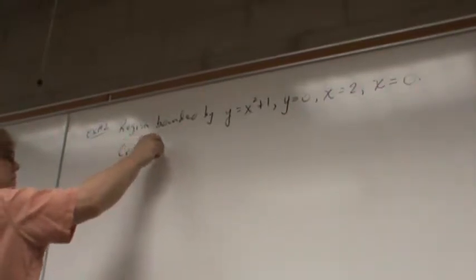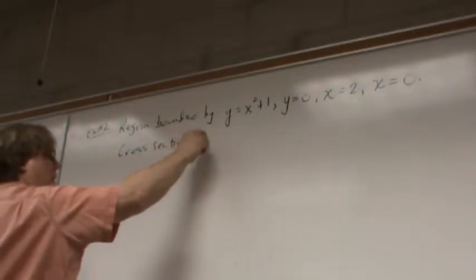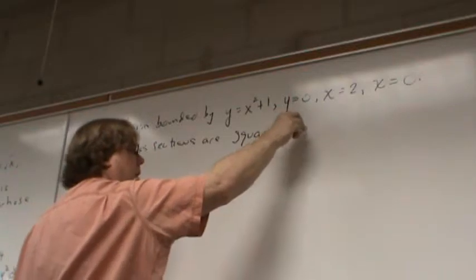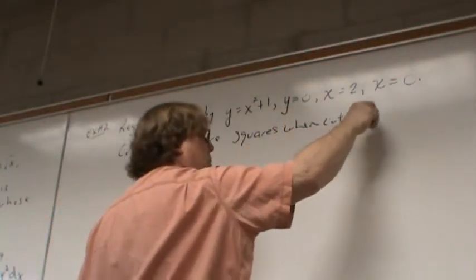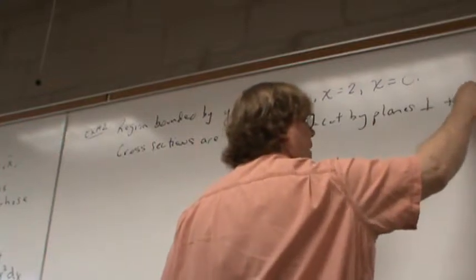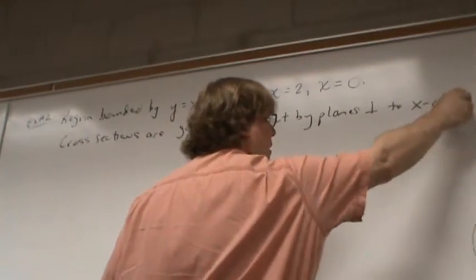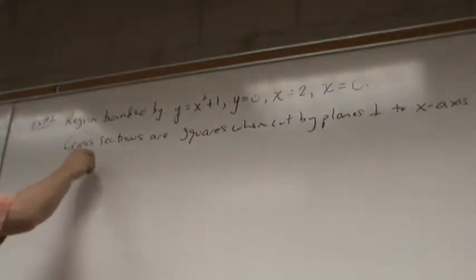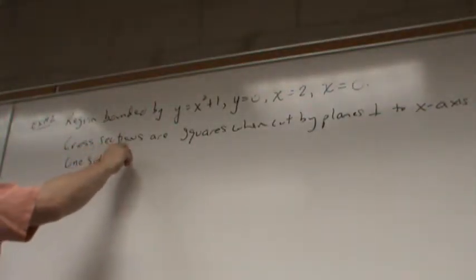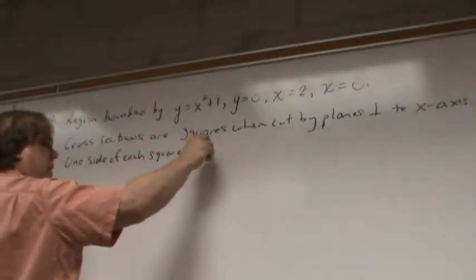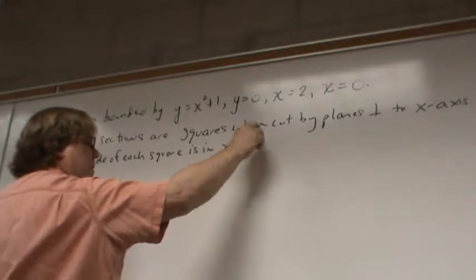Cross sections are squares when cut by planes perpendicular to the x-axis. And one side of each square is in the xy plane.